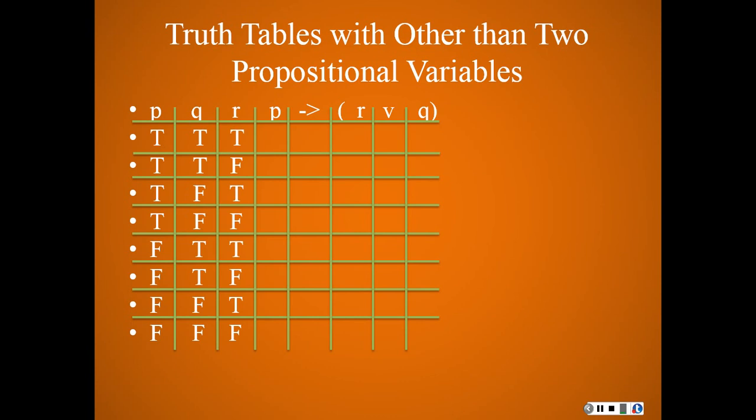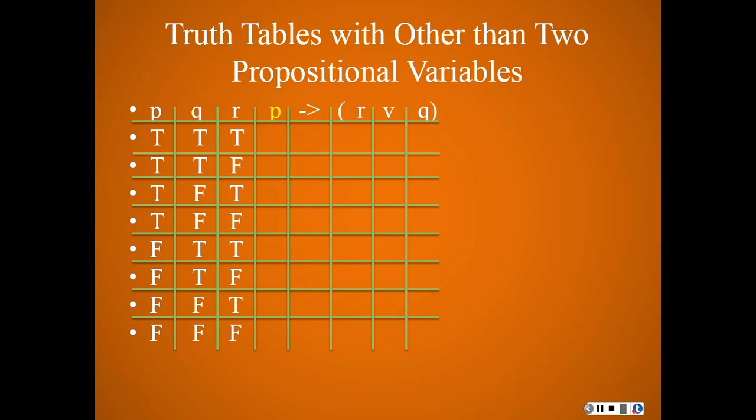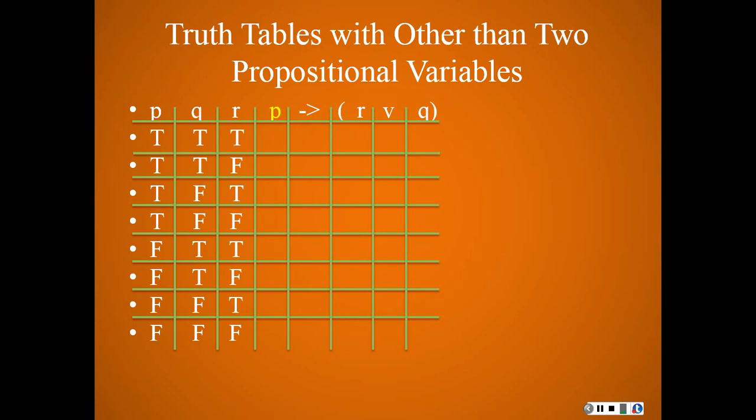Okay, now it's time to go ahead and start filling in the truth table for the formula. So we have this conditional, the main sentential connective is an arrow.